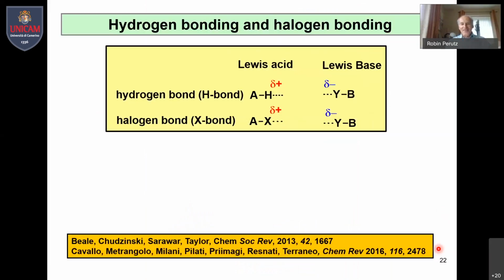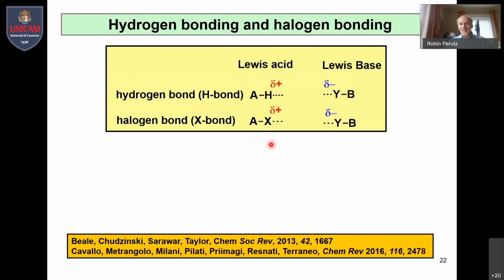First of all, I need to explain what a halogen bond is. What we have in a hydrogen bond is an AH unit polarized with the hydrogen delta plus bound to a Lewis base polarized with Y delta minus.